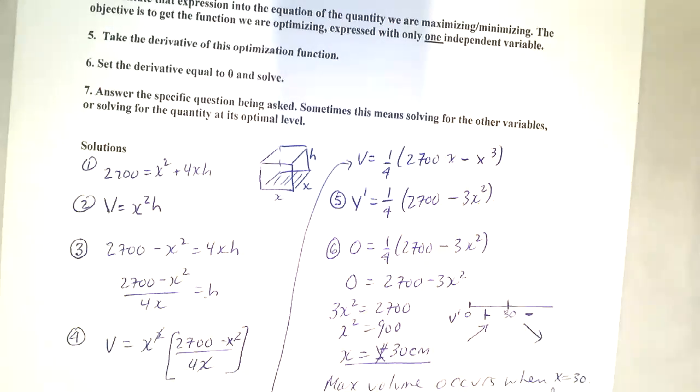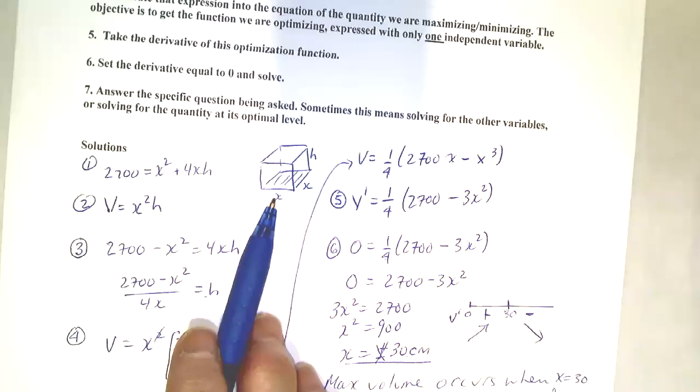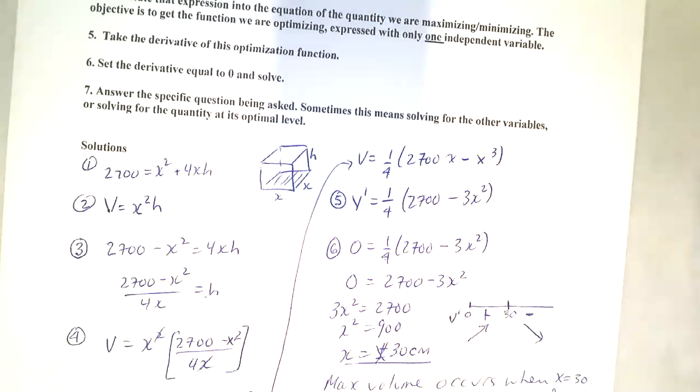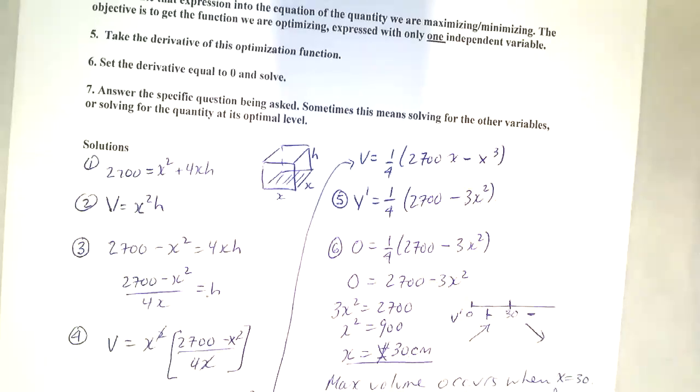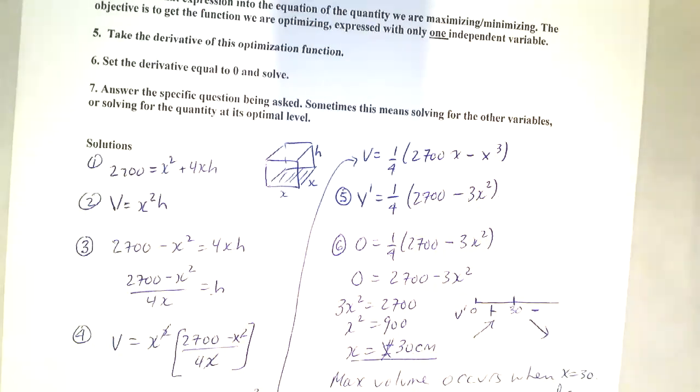A lovely 15 centimeters. So we have that the dimensions of the box are 30 by 30 by 15. Therefore, the volume, 30 by 30 by 15, works out to be the lovely 13,500 cubic centimeters.